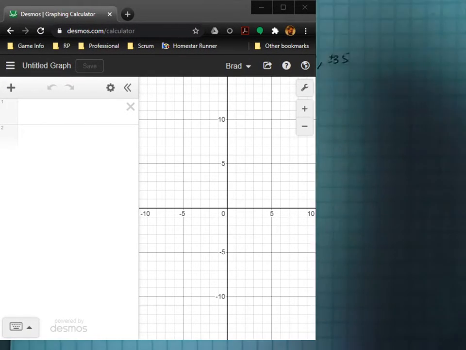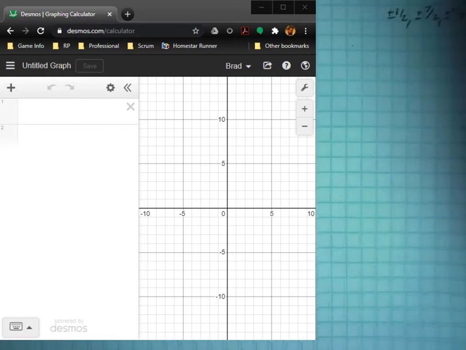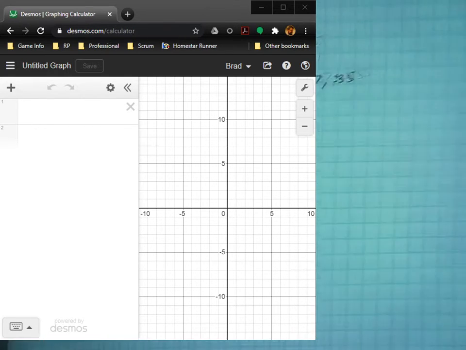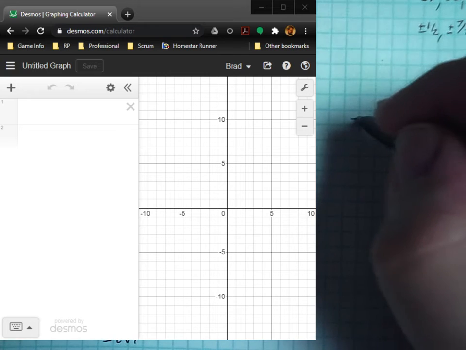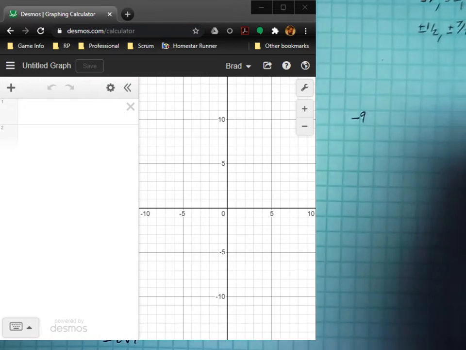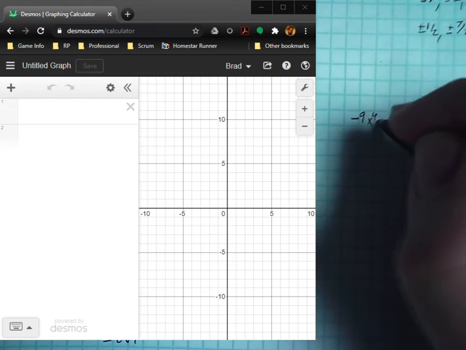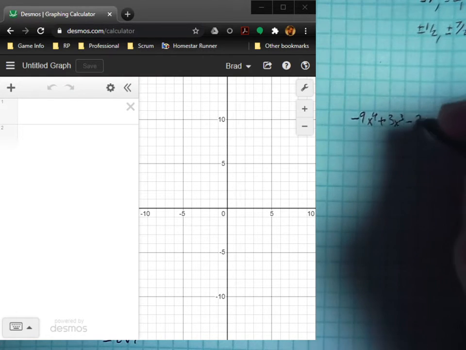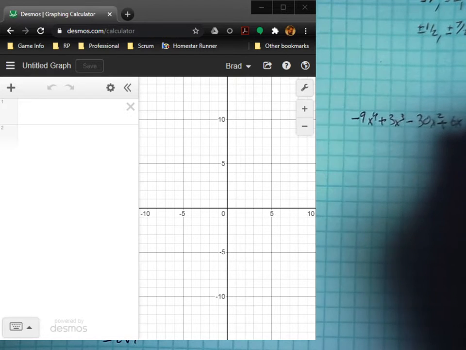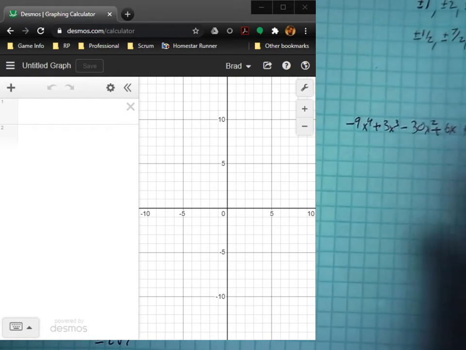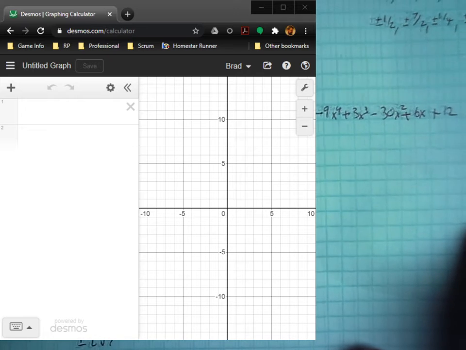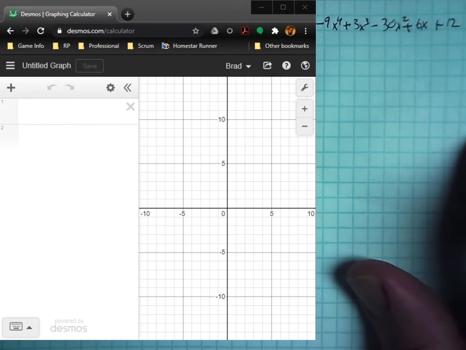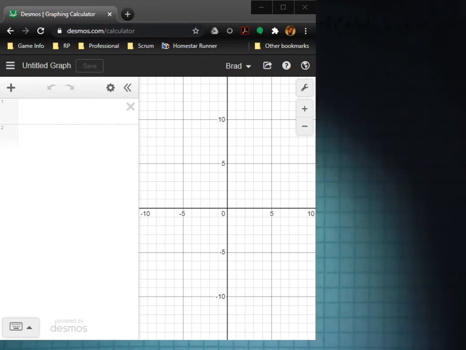For my last example, I'll be using -9x to the 4th plus 3x cubed minus 30x squared plus 6x plus 12. All right.